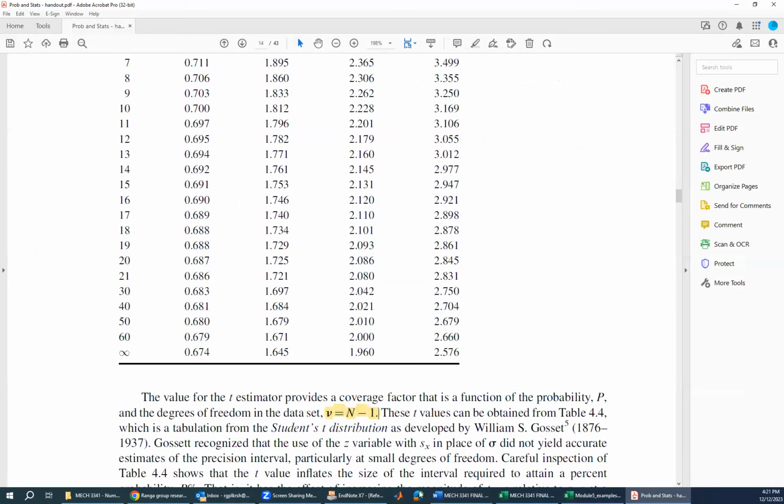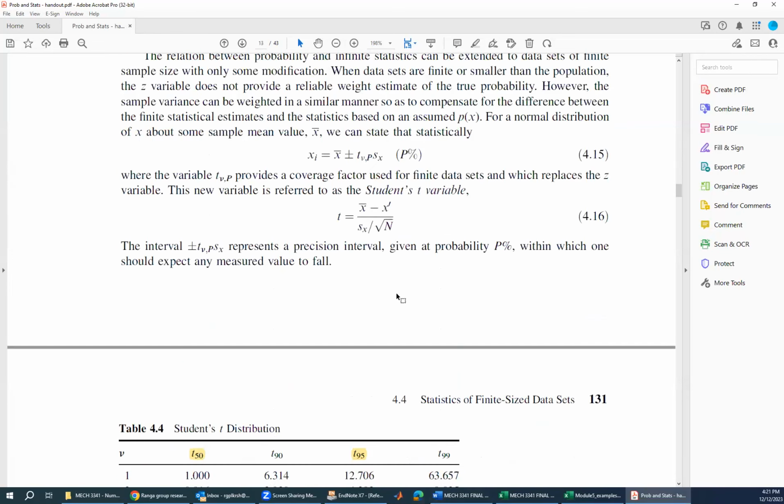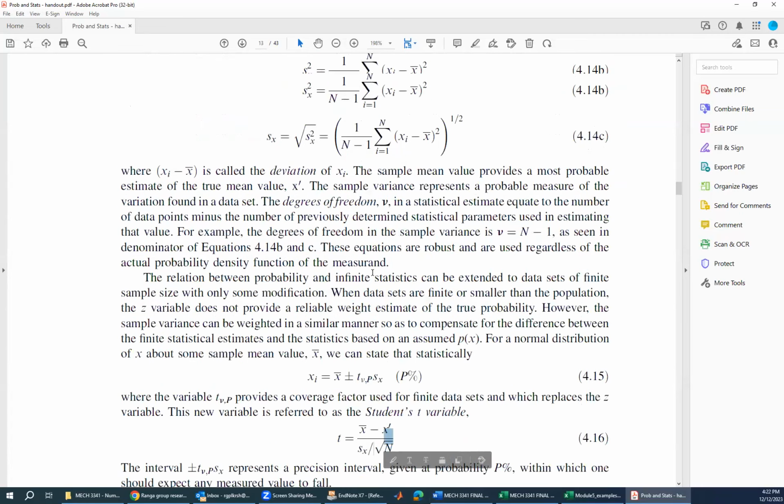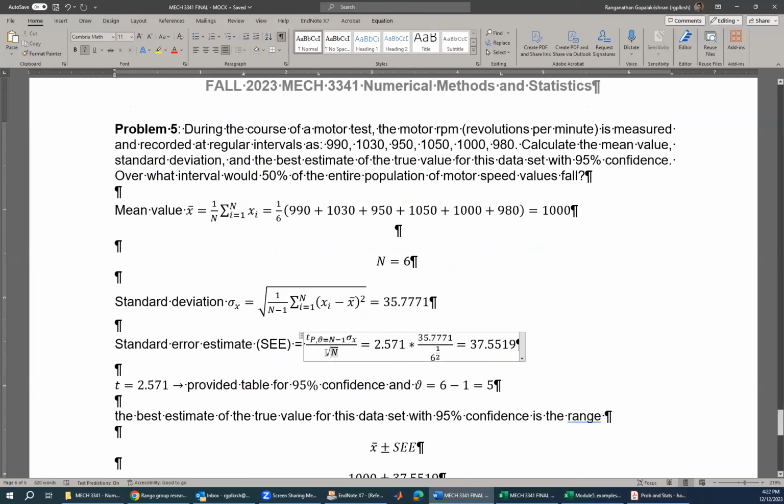It's given in the handout. So always use n-1 when trying to find the t value. The only place where you will use n is when you calculate the standard error estimate, where there is a square root of n. So this is 6, this is 5. That's it. Thank you.